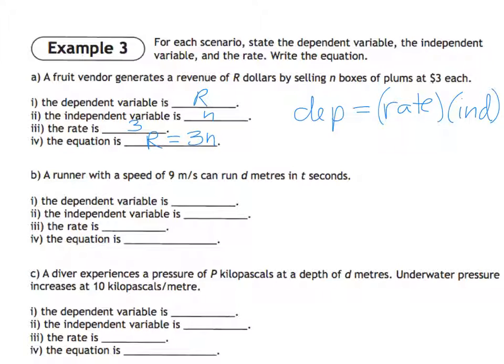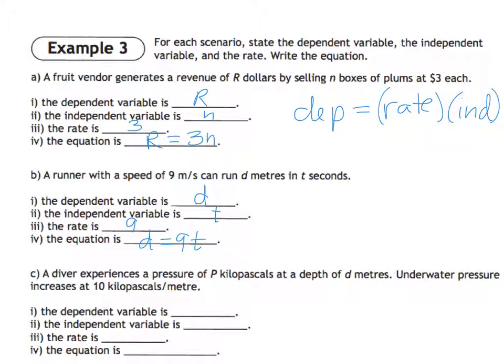The dependent is D, and the independent is T. Yeah, because the distance he runs depends on how much time he spends running. And then the rate was 9 meters per second, so the equation is D equals 9T.